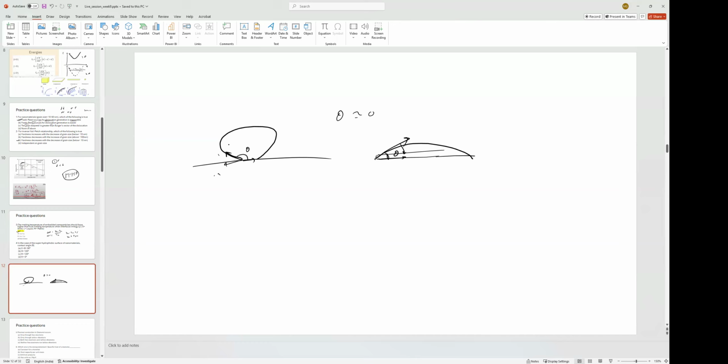So if theta is 0, you have a hydrophilic surface. This is perfectly wetting. And at the other extreme, if the drop is just sitting on the surface at just one point, theta becomes 180 degrees.